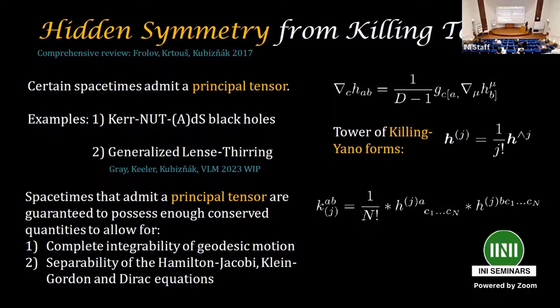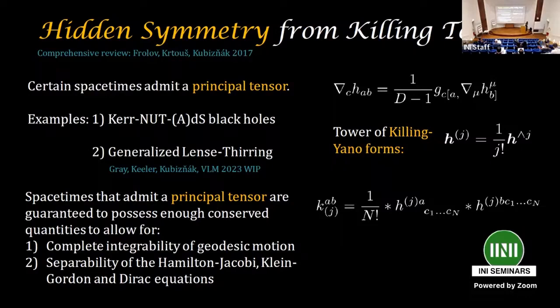You just take h and wedge it with itself some number of times. Of course, this truncates when you get to the spacetime dimension. How many times you can do this depends on the number of spacetime dimensions. So you have an entire tower of Killing-Yano forms, and these are the things that are going to help you build your Killing tensors.